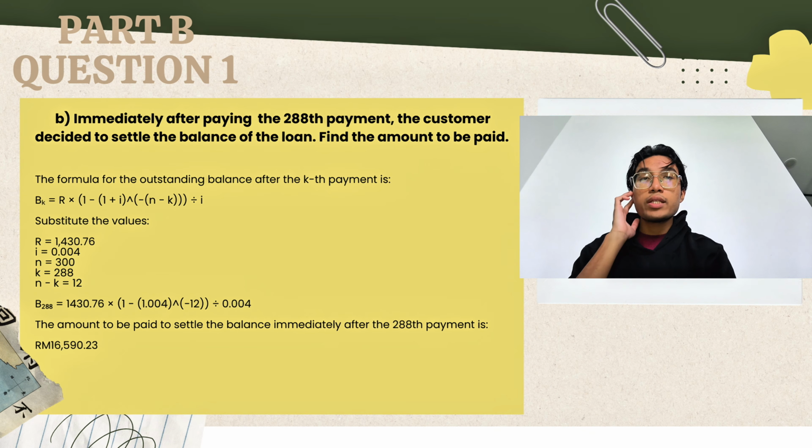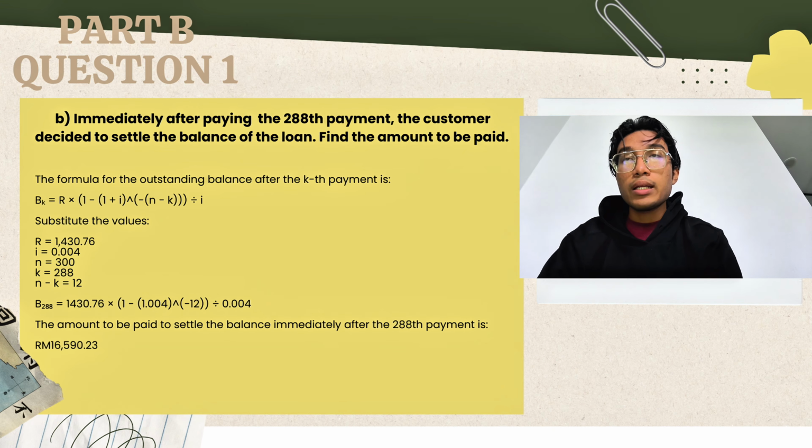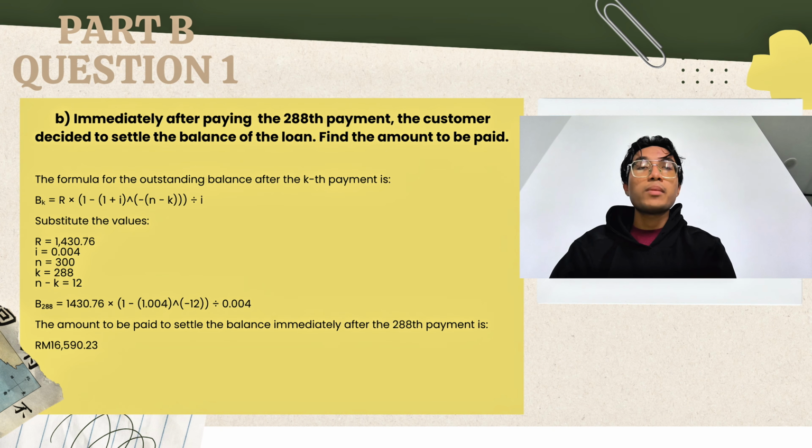So for the next question, which is B, it says immediately after paying the 288th payment, the customer decided to settle the balance of the loan. Find the amount to be paid.